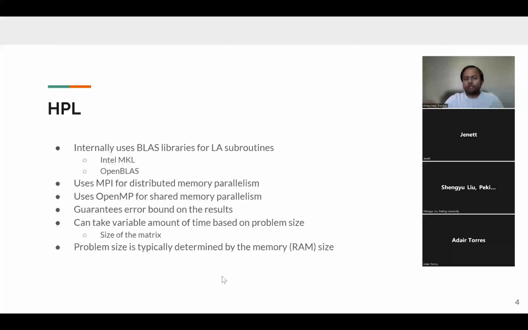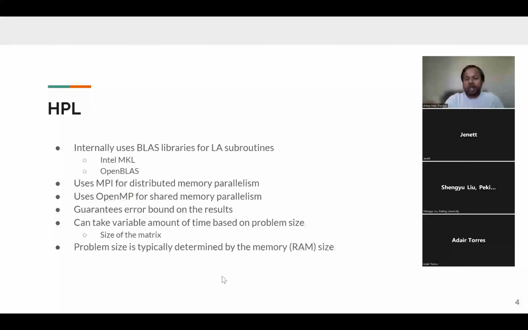And then, as I mentioned, HPL also verifies or validates the results from the computation. As you run HPL, your problem size is typically determined by how much memory you have, right? Because the program allocates the array in your memory.